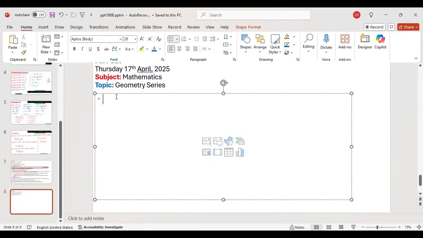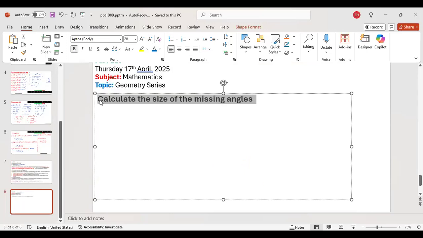All right, so calculate the size of the missing angles.